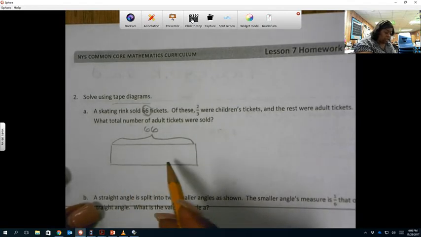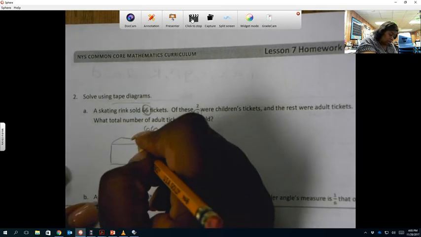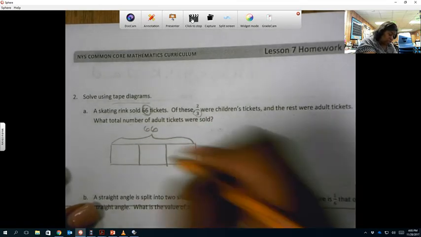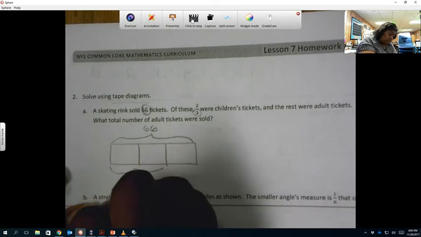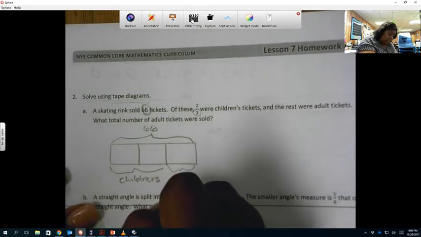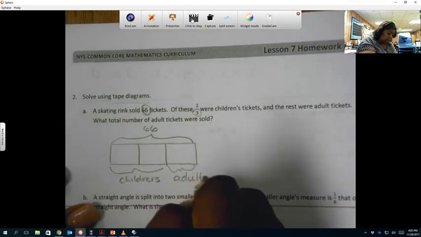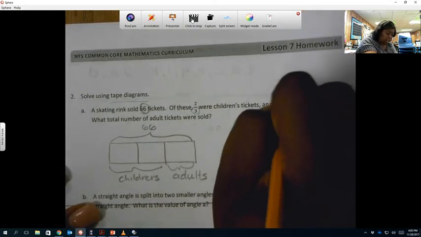How many units am I dividing it up into? My denominator says 3, so I'm going to divide this into thirds. It says 2 of these were children's tickets, and 1 of these was adult tickets. How do I know that 1 is? Because it says the rest, and that means 1/3.